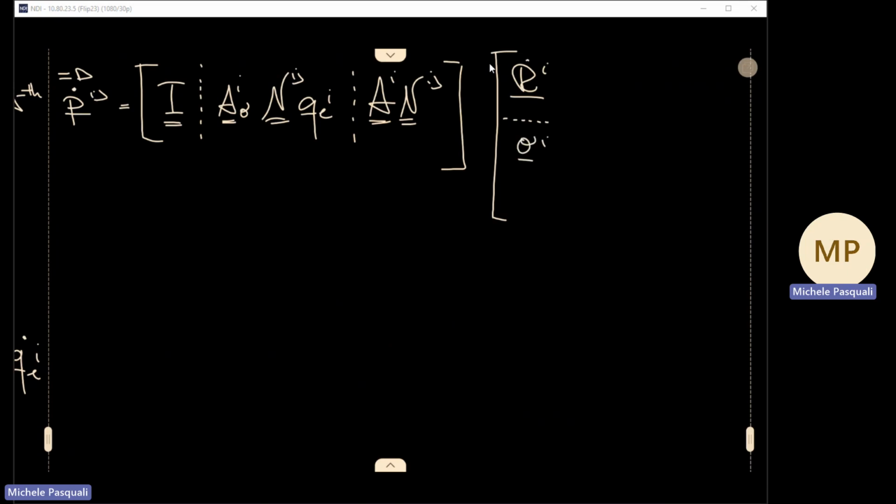And then we have theta I, again dotted, and then we have Q E I, like so.